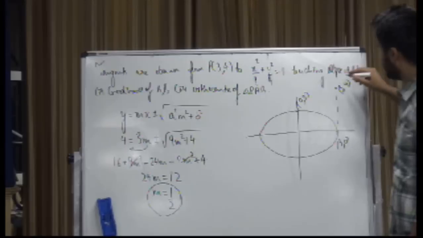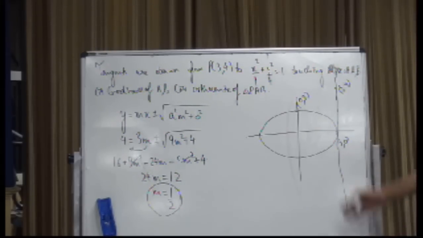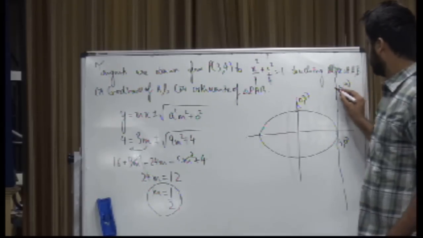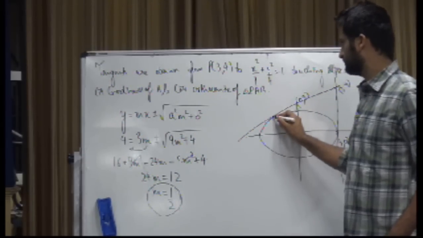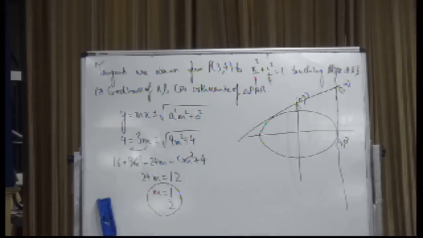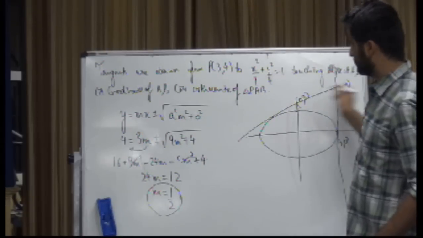So one of the tangents is visible from here. It's pretty clear. It will be this line, the line parallel to the y-axis, and the other tangent will go something like this with the slope half. Understood this thing? So from this point, two tangents can be drawn. One is this, other one is this.